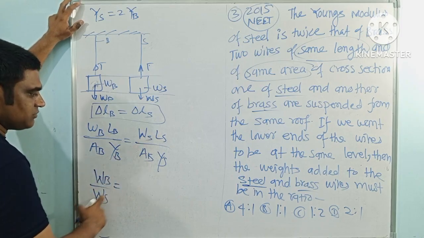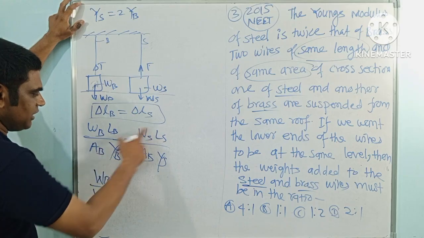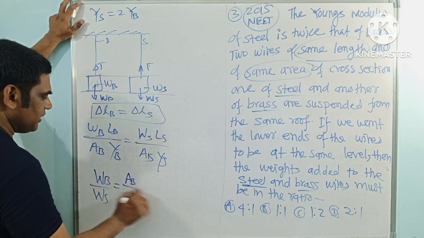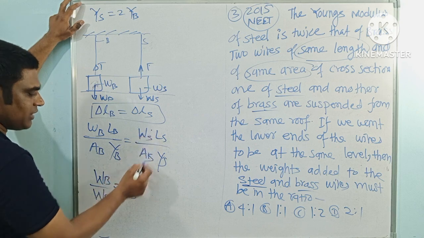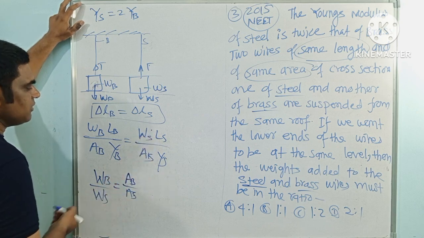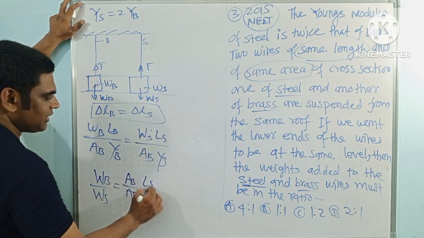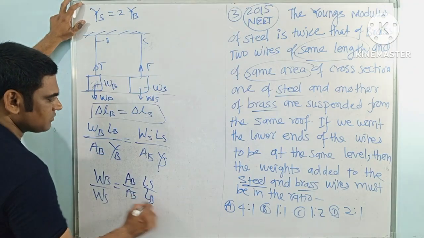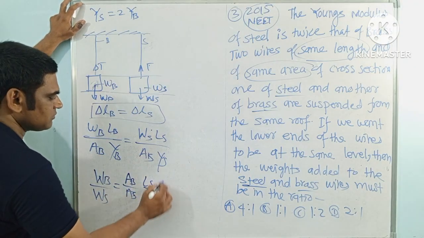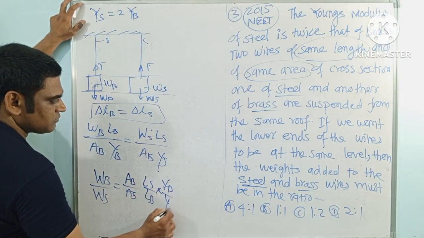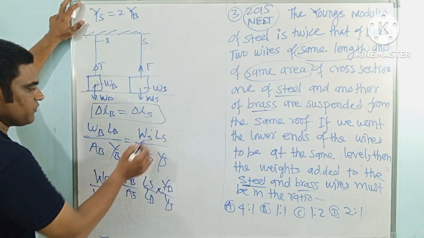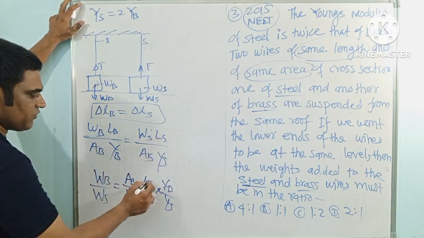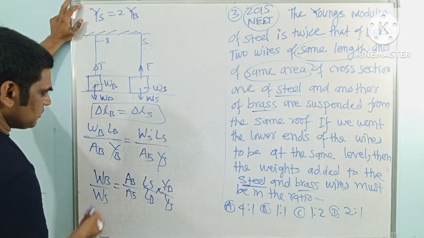WS we are taking here, then LB here, AB, area B, area S here, this will go here, then length LS, this will be here, then Young's modulus here. Okay, right? 1, 2, 3, 4, 5, 6, 7, 8 parameters. So this we want.